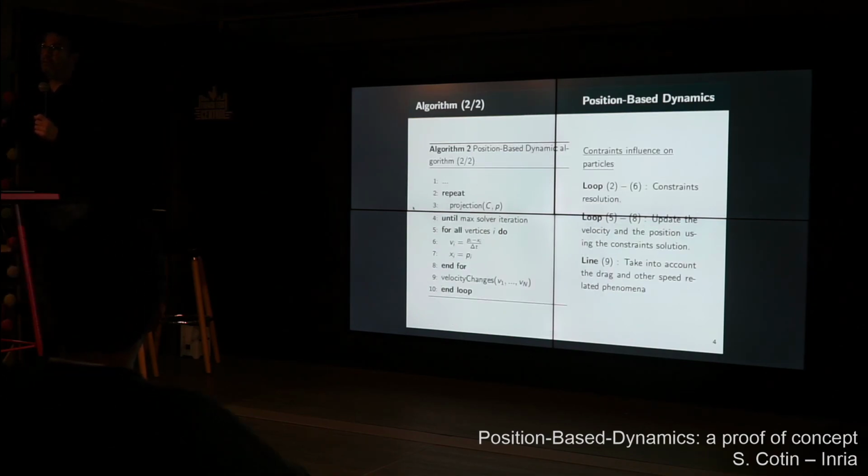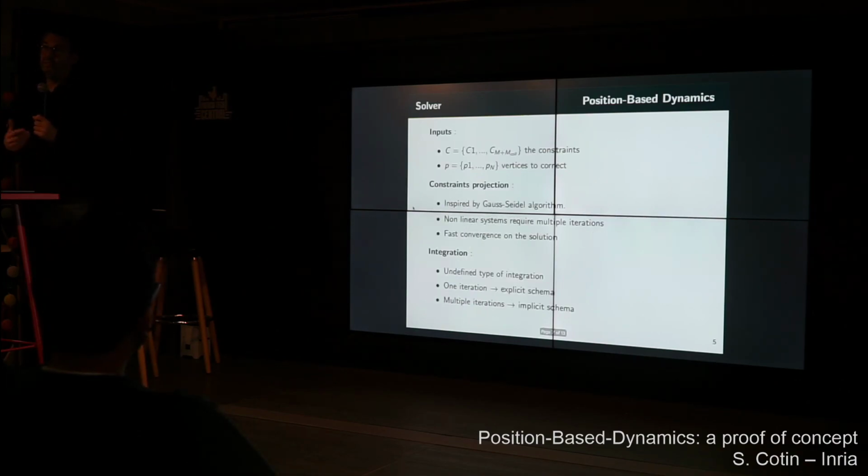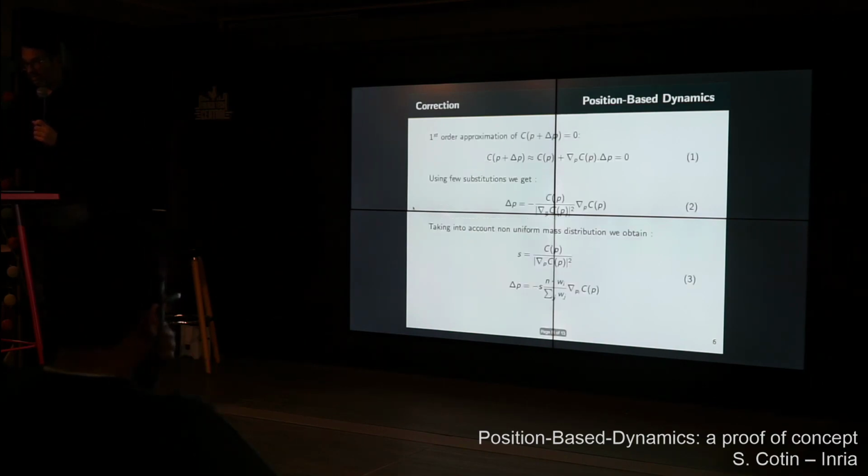Depending on how you enforce the constraints, it pretty much looks like some of the things we do in SOFA, where we use a Gauss-Seidel algorithm and implicit time integration. So I'm going to go very quickly through all of this.